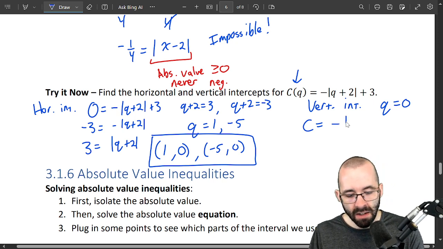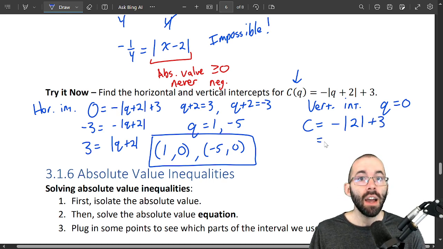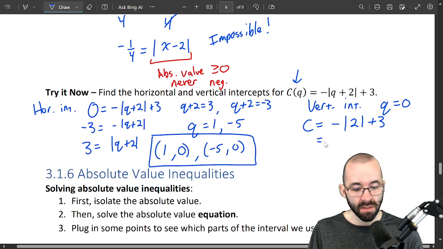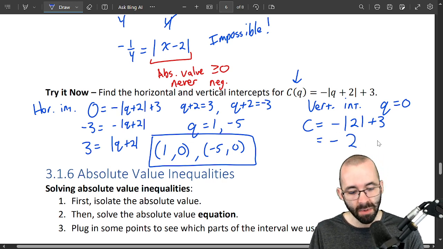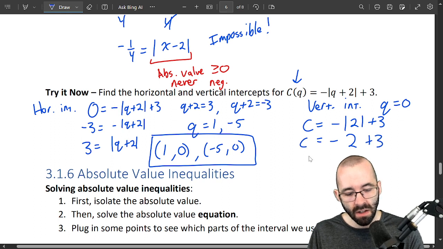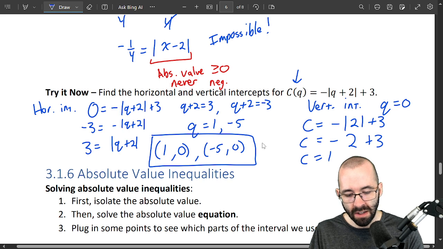C of 0 is going to be negative the absolute value of 0 plus 2, plus 3. Careful. Absolute values turn something positive. So this turns to positive, but there was still a negative before it. We're going to get C of 0 to be positive 1. So the vertical intercept is at an input of 0 and an output of positive 1.